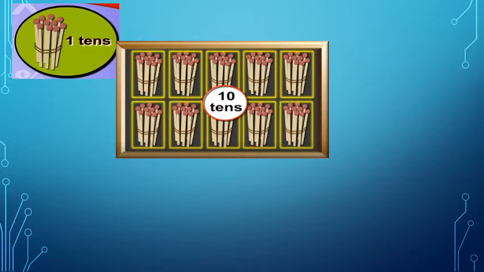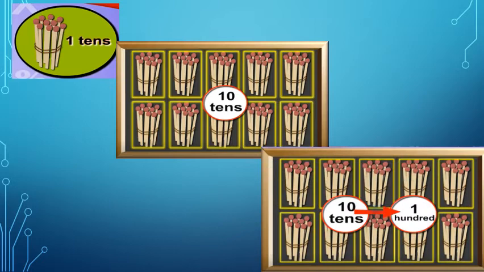So how many is it in total? See here students, 10 tens, nothing but 100. 10 tens are 100. Okay, right? 10 times tens means that is 100. Okay, more examples we will see.